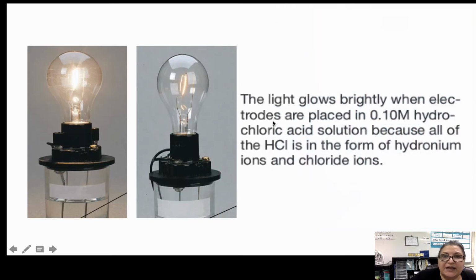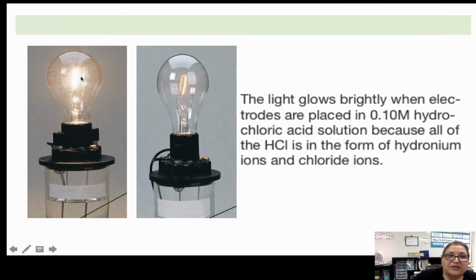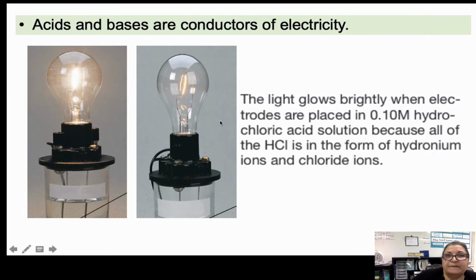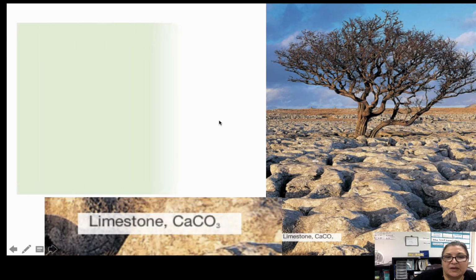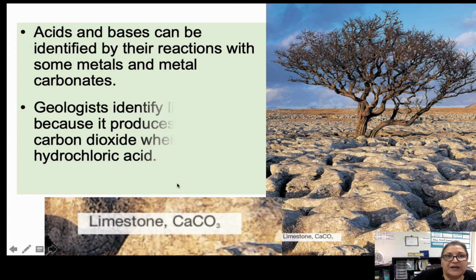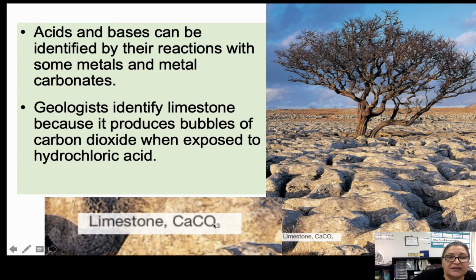And because acids and bases ionize or dissolve in water, they're good conductors. An example would be hydrochloric acid. Now, the strength makes a difference. And in nature, you find them in limestones, calcium carbonate.